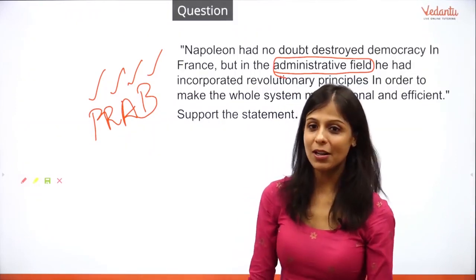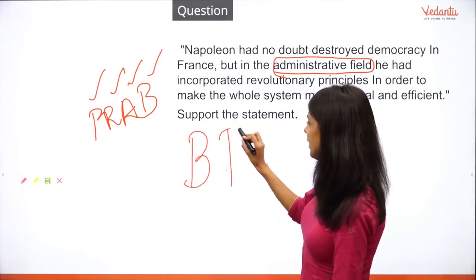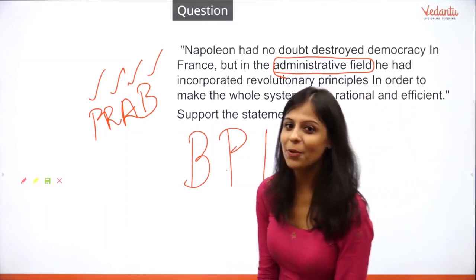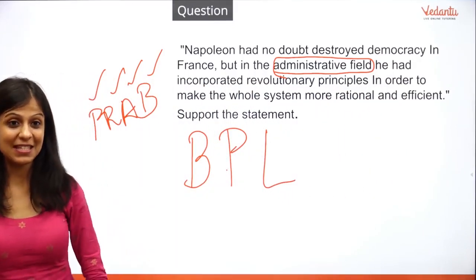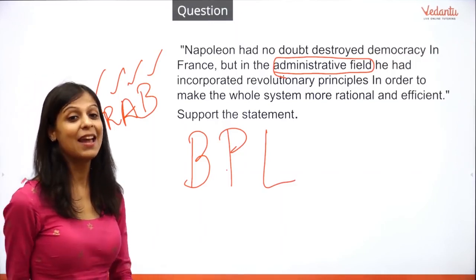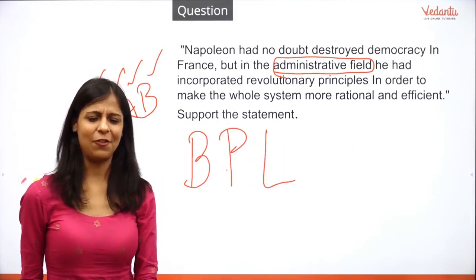Okay, the second important thing that we're going to focus on here is BPL. When it comes to Napoleon, I'm going to talk about something that's BPL, and I'm going to drop a very small hint for you guys.